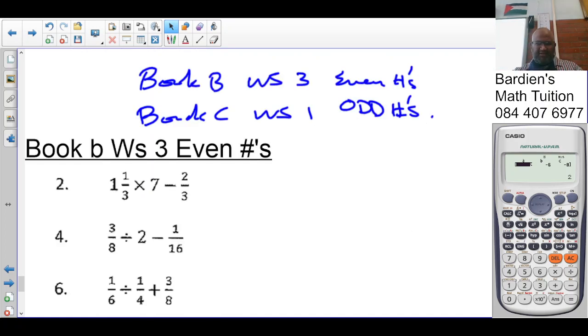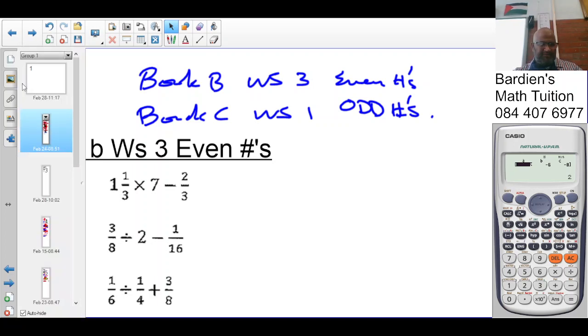Right, as indicated, you guys are done with the first two. Whoops, wrong page. It's approximately there.